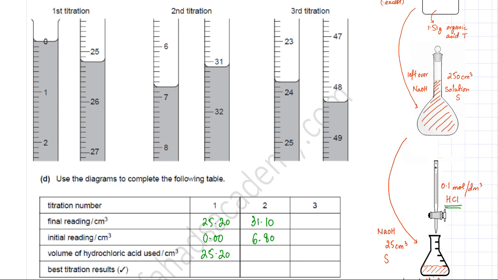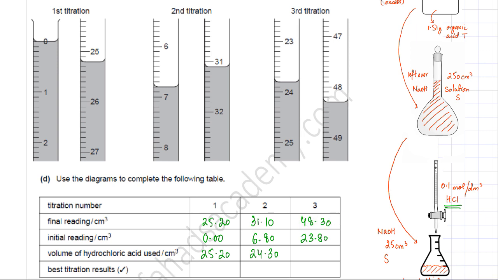So using my calculator, it's going to be 31.10 minus 6.80, and the answer that I'm getting is 24.30 centimeter cube. Now noting down the values for the third titration, the initial is 23.8 and the final is 48.3. So it's 23.80 minus, and the final reading is 48.30.